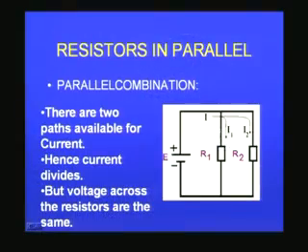You can see the same voltage E or V is applied across this resistor R1, and it is also applied across this resistor R2. Therefore parallel combinations are characterized by the same voltage appearing across all the resistors, and secondly the current divides in a parallel resistor.